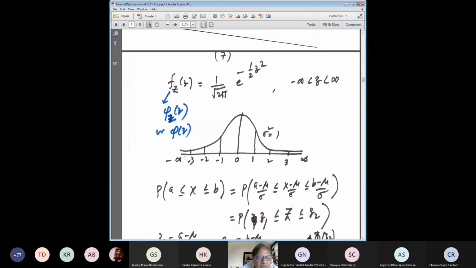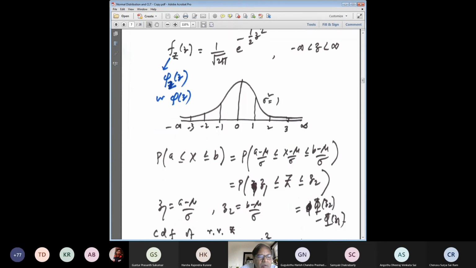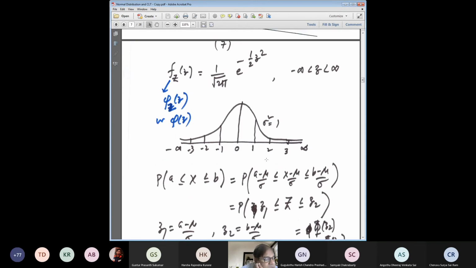If you plot this, you get a similar curve with central value 0, which is the mean, median, and mode, all 0. Then the points mu plus sigma and mu minus sigma will be minus 1 to 1, minus 2 to 2, minus 3 to 3, etc. This transformation is so important that instead of writing f of z, small phi z is written to represent the PDF of the standard normal variate, and capital phi z is used to represent the CDF of the normal.